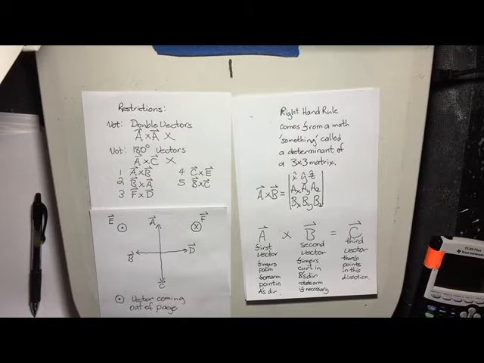I will stand from the perspective of the student. A is towards the ceiling, so that's the first vector. B vector is towards that wall, which means that the thumb points out of the page, which means what vector? It'll be E, correct. Now, B cross A, some of you may say, well, if A cross B is E, then B cross A is also E. That's not the case.